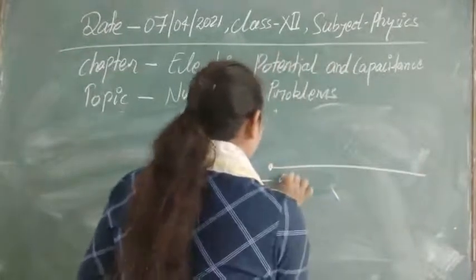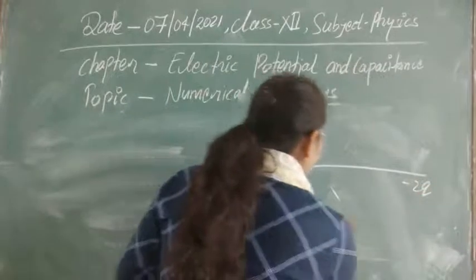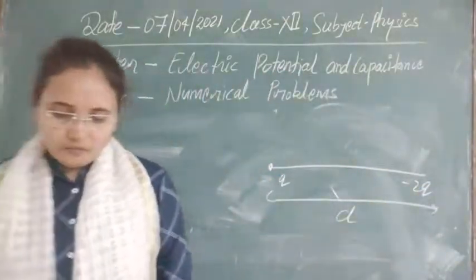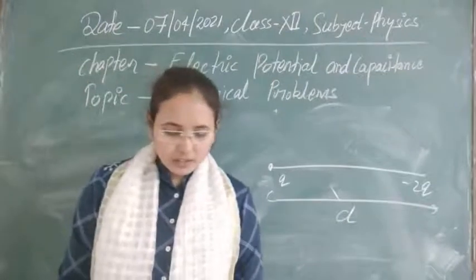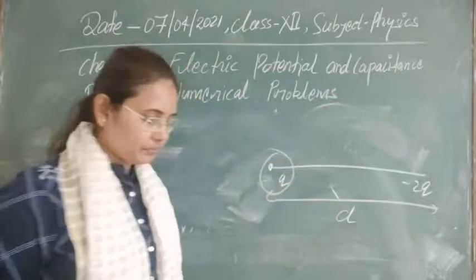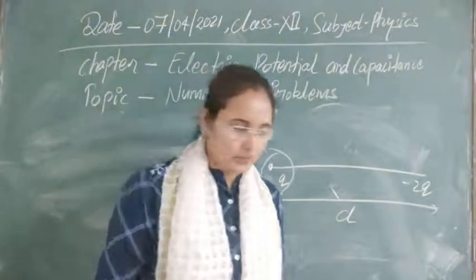Suppose this is the Q charge and this is the minus 2Q charge. They are at distance d apart from each other. The question is to find the location of the point relative to this charge Q at which potential due to this system of charges is 0.